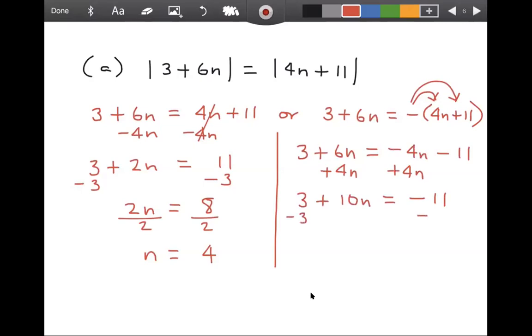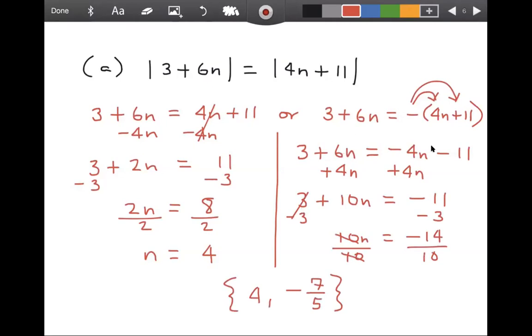And then I'll subtract 3 from both sides, and that'll give me 10n equals negative 14. Dividing both sides by 10, you get n is negative 14 over 10, which is going to simplify down to negative 7/5, right? We always simplify our fractions.